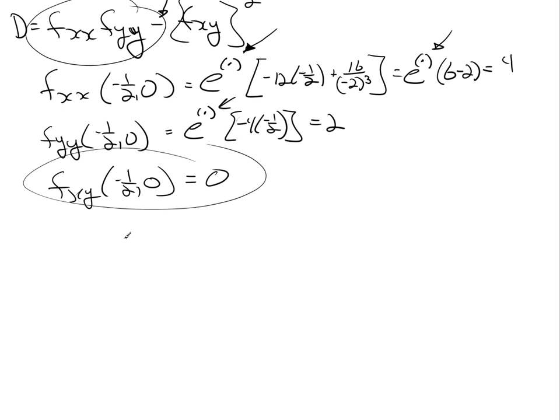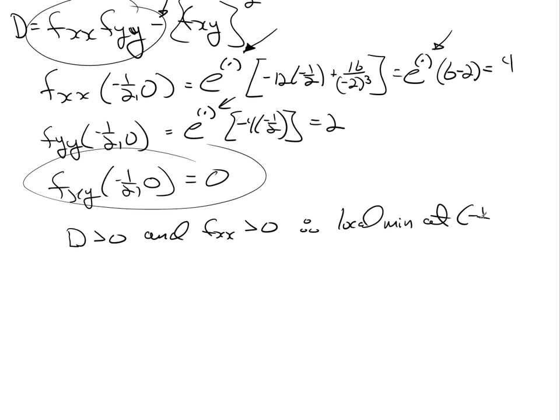So for this particular piece, I have d is going to be greater than 0, and fxx is greater than 0. Therefore, I have a local min at negative 1/2, 0. Now I need to repeat this whole process, and I need to find fxx of 1/2, 0.